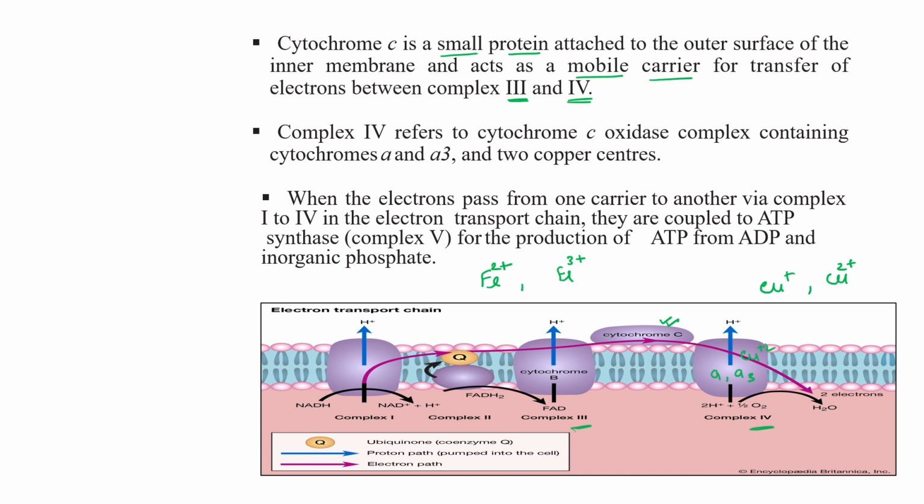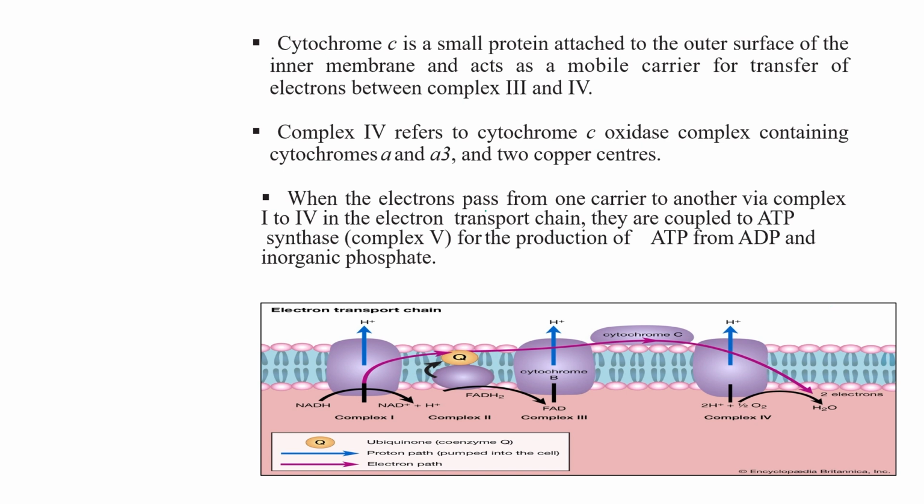So that's why in the initial complexes iron acts as the main center molecule in the Fe-S form, and in the last complex 4, the copper ion acts as the main center molecule. They utilize iron and copper to transfer the electron from one carrier molecule to another carrier molecule.